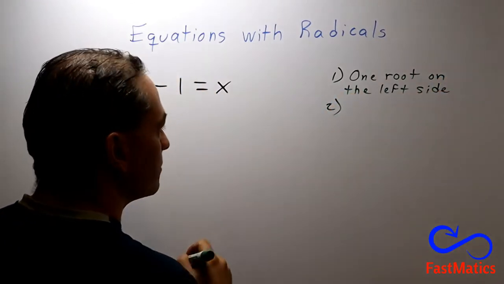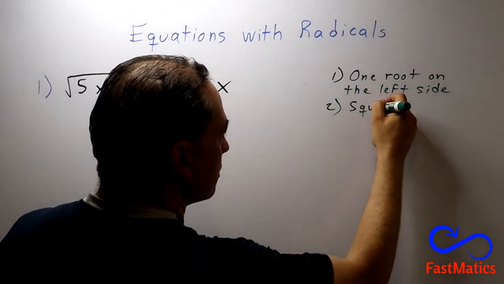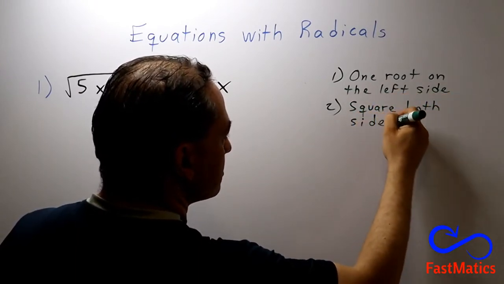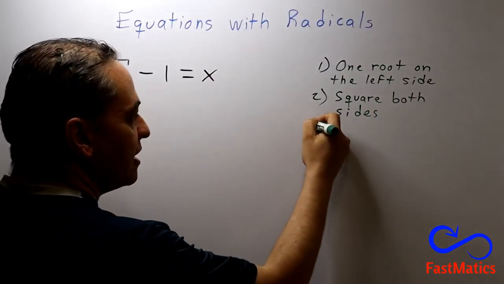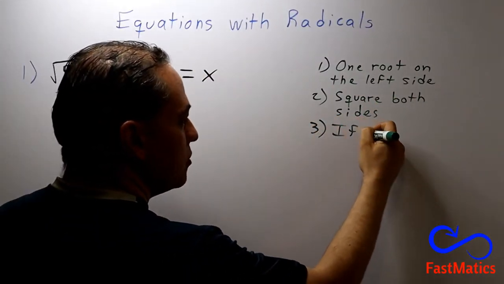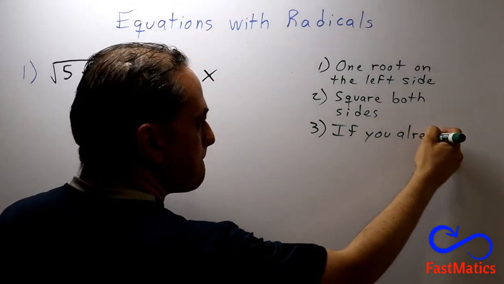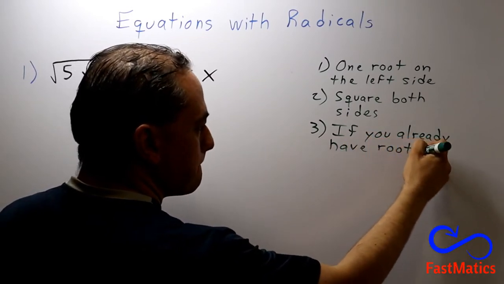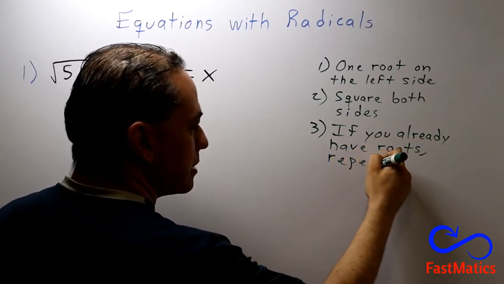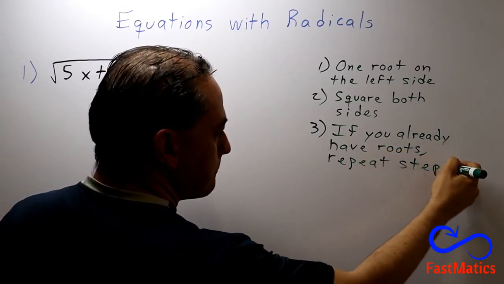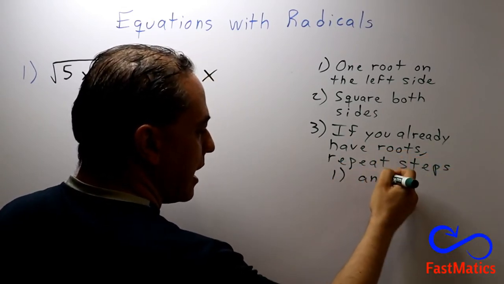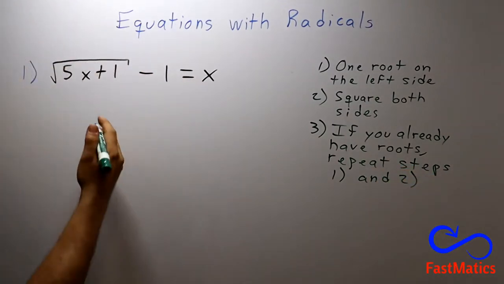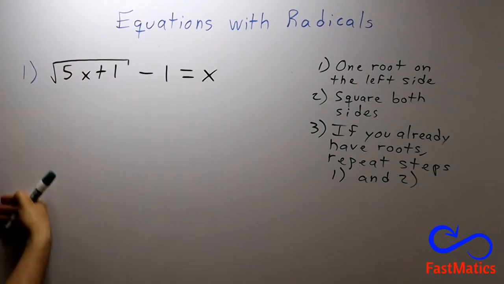After that, square both sides. And 3, if you already have roots, repeat steps 1 and 2. And obviously after that you solve and that's it.